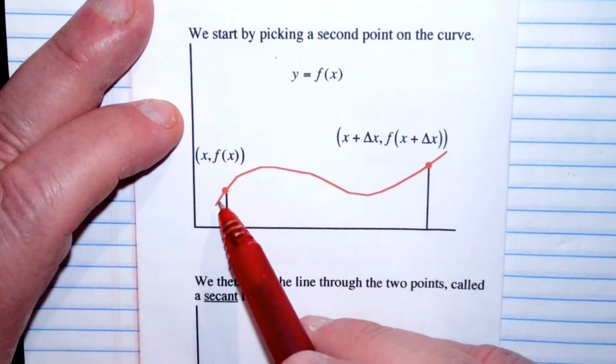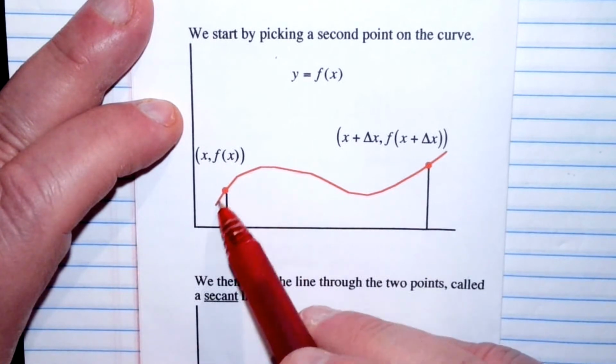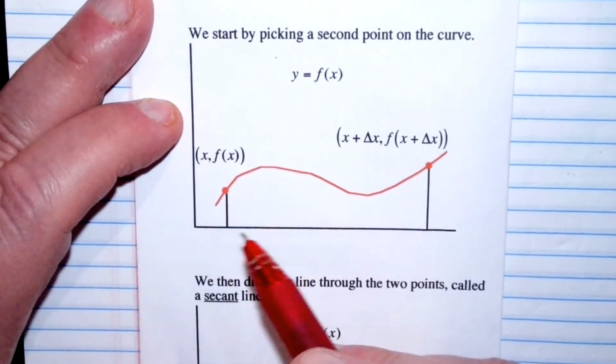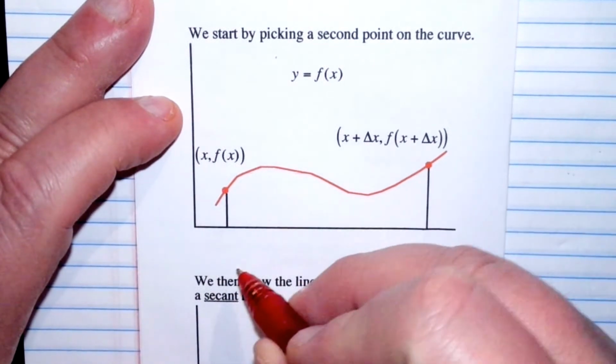So what we're doing here is trying to find the slope of this curve at this point. So to use the slope formula from algebra, we need a second point. And so I chose a second point way over here.